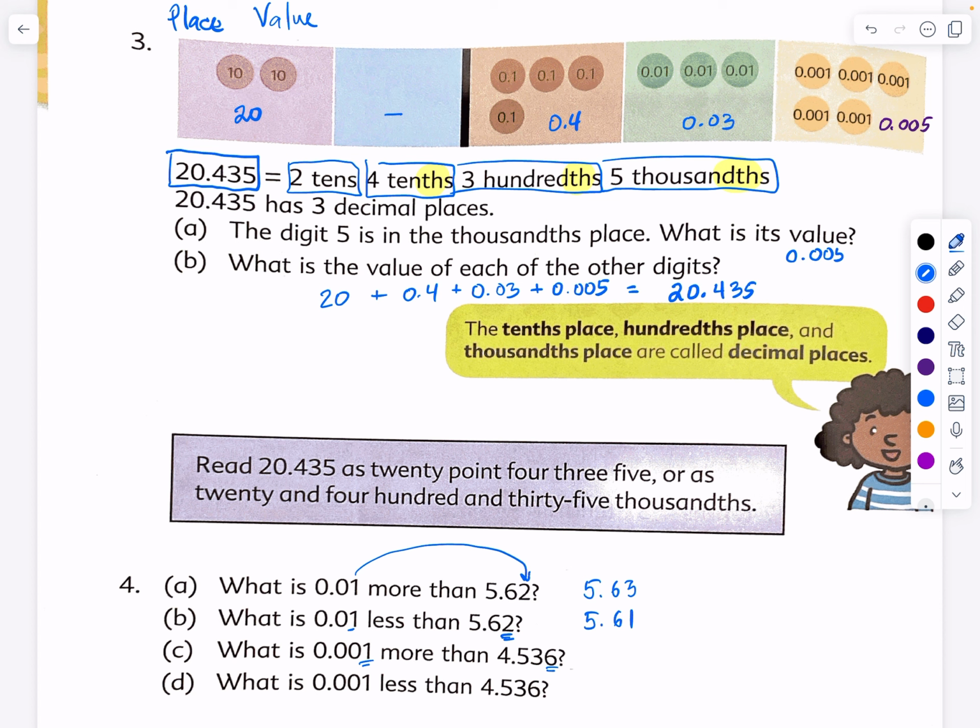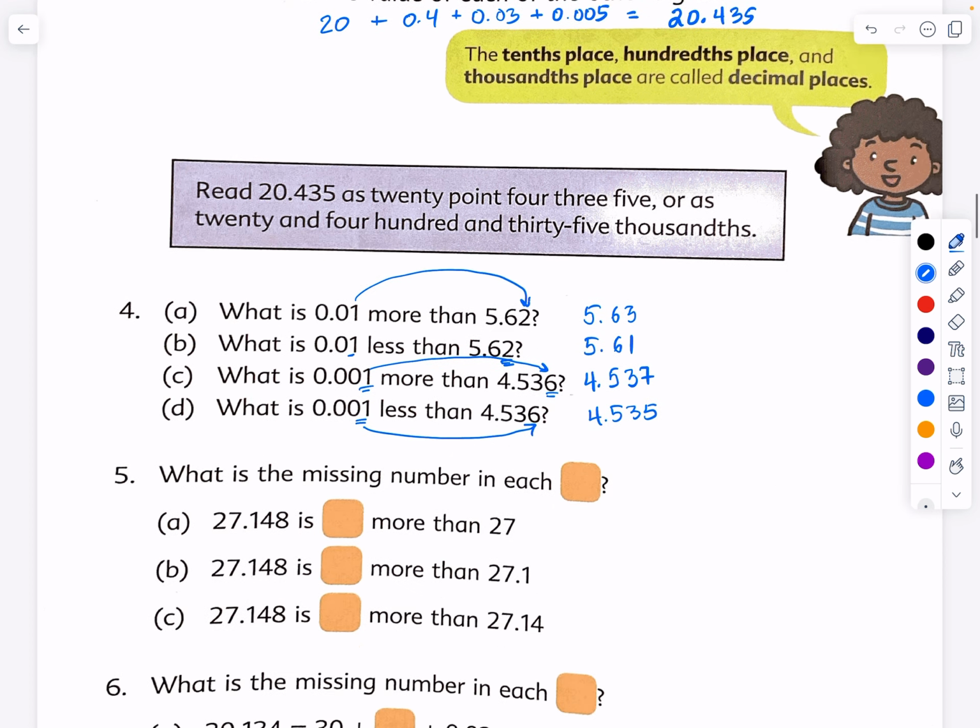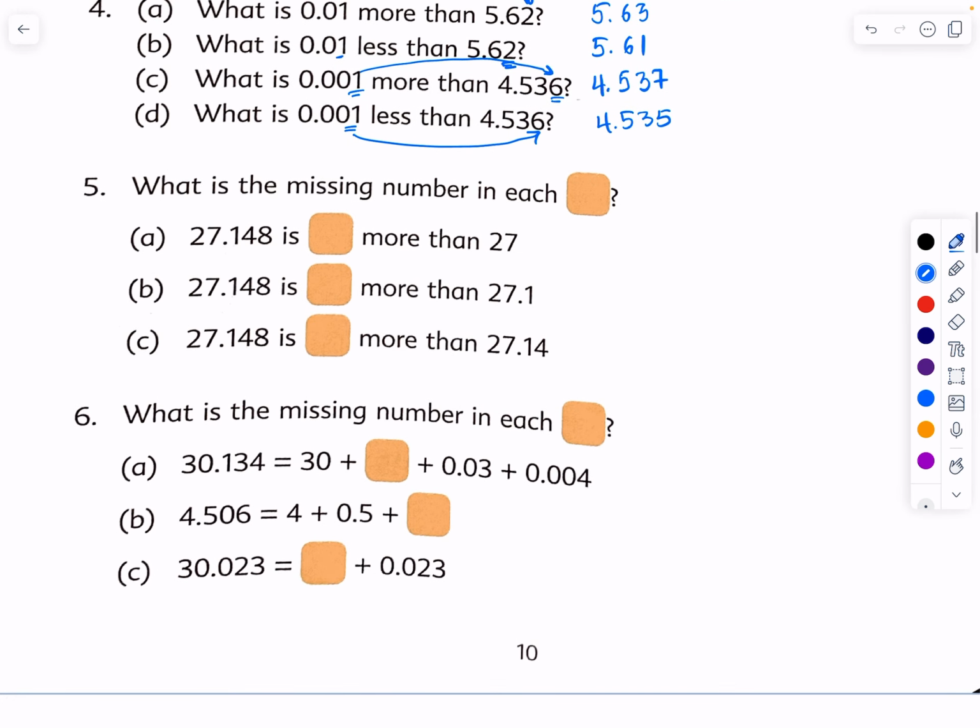Well, I hope you recognize that we are going to increase the thousandths digit. So it will be 4.537. And what is 1 thousandth less? I hope you're recognizing that we will be reducing the thousandths digit. Some mental math for our brain, very good for us. And it's 4.535.